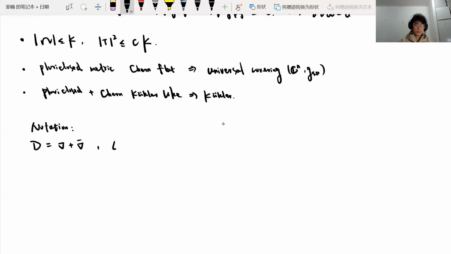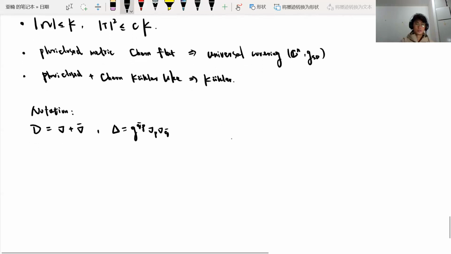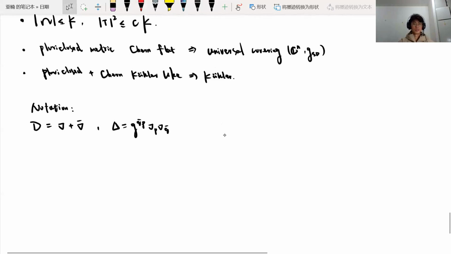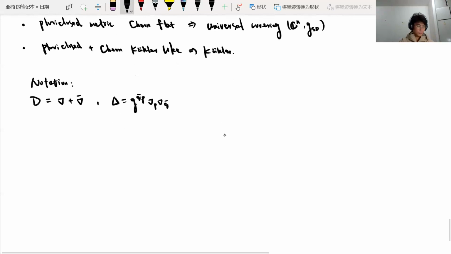And the Chern notation we need half for convenience. Another half we denote it, and the relationship between this and the whole Laplacian is just a Ricci term. And the Bianchi identity, especially the first identity.